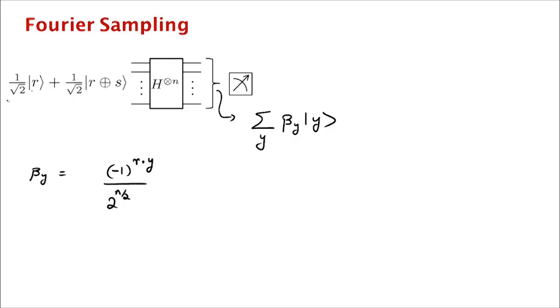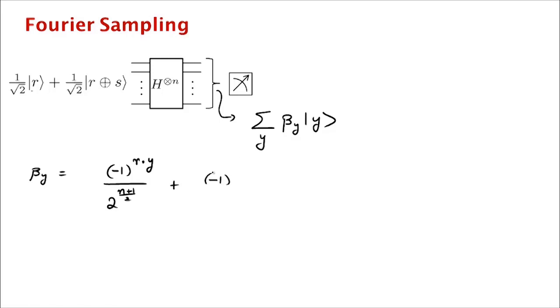But you already started with amplitude 1 over square root 2, so it's 1 over square root 2 times 2 to the n over 2, which is 2 to the n plus 1 over 2. And then with what amplitude do you go from r plus s to y?